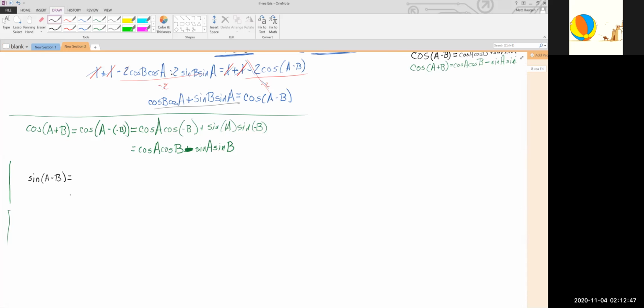But wait, you might be thinking, our new tool is a cosine tool, right? But if you remember our cofunction identities, remember sine and cosine are really the same function, just shifted over. So our sine of a minus b is the same as the cosine of pi over 2 minus a minus b.